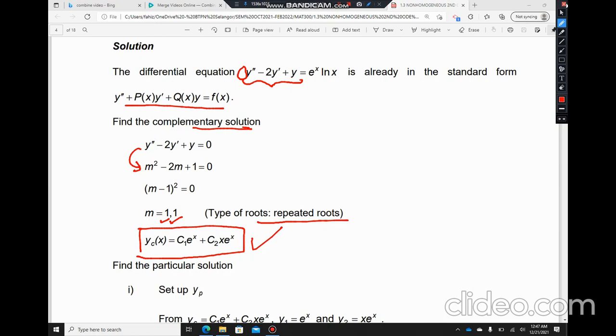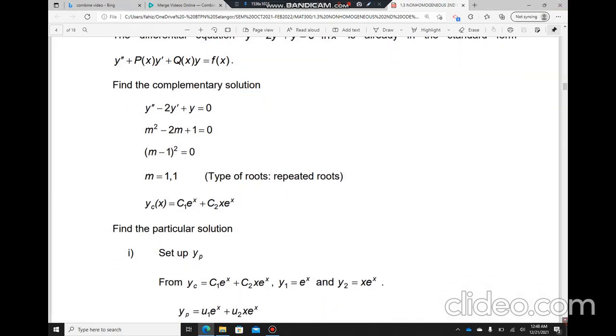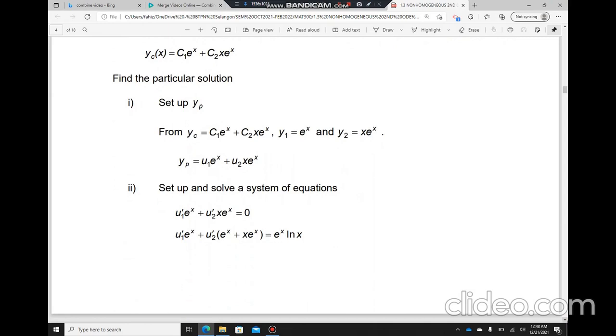Okay, next kita nak cari YP. Sekarang ni kita nak tengok variation of parameters. Macam mana kita nak gunakan variation of parameters? First set up YP. Kita dah tahu YC kita, kat sini dapat C1 e^x plus C2 x e^x.